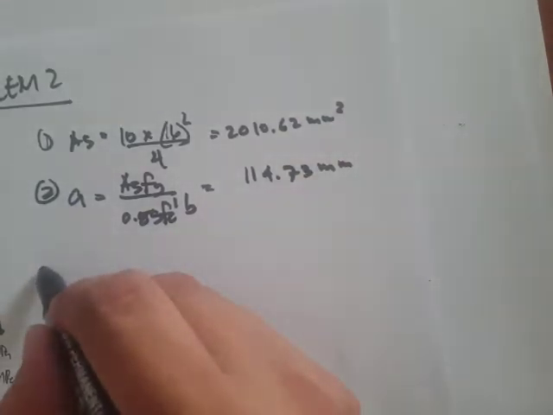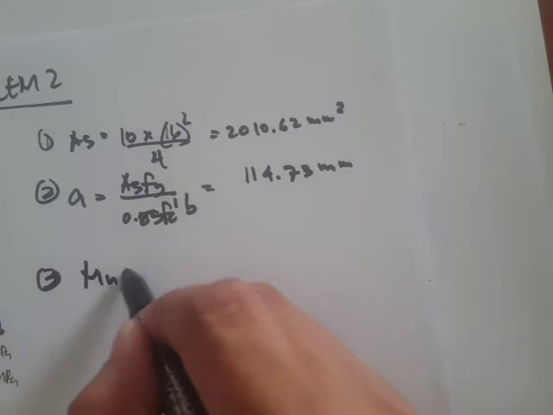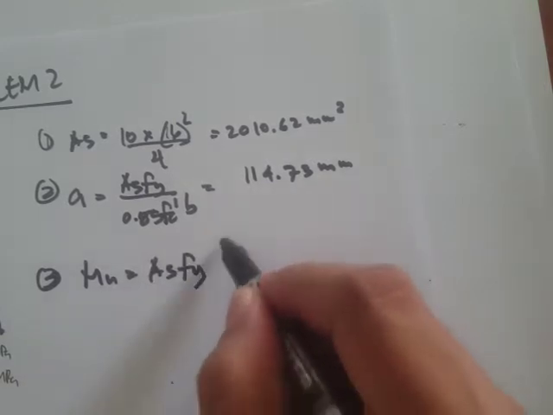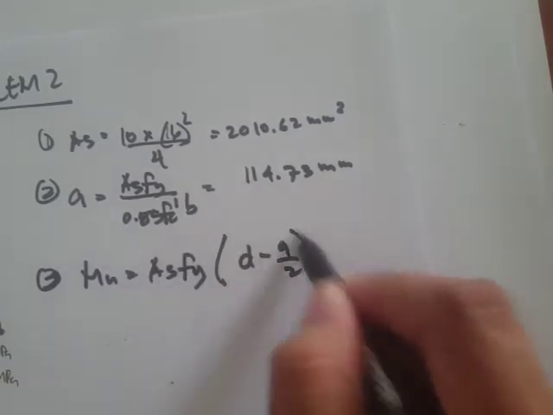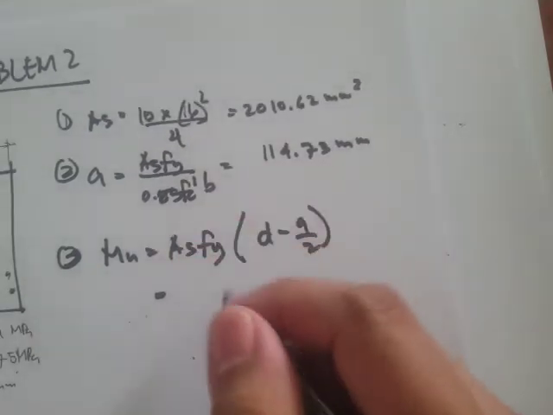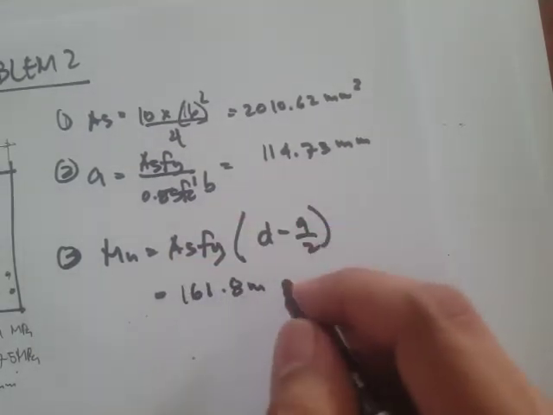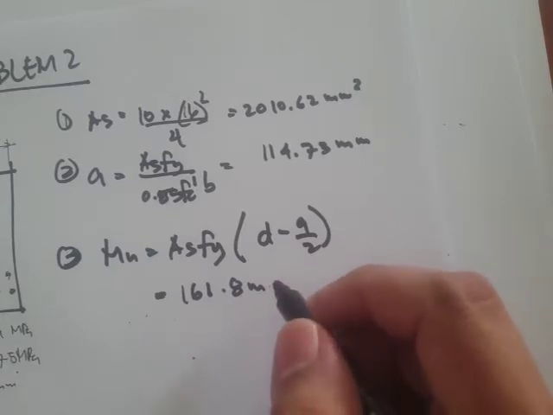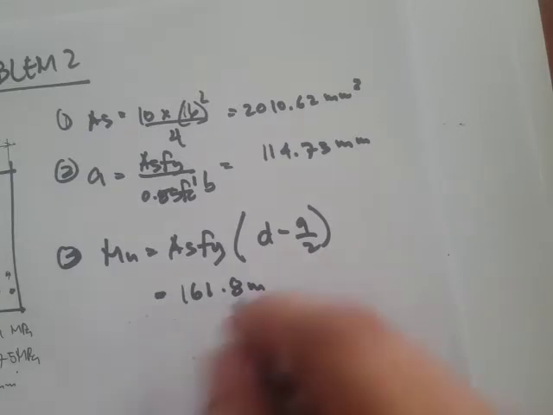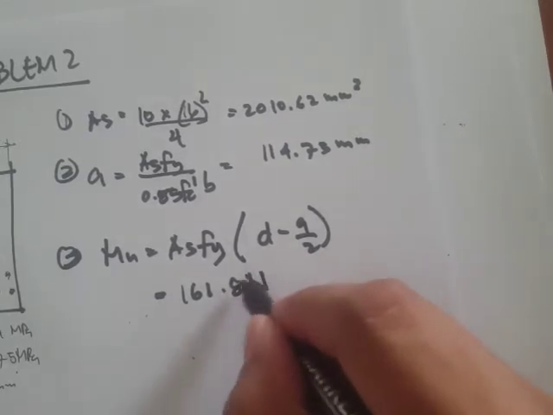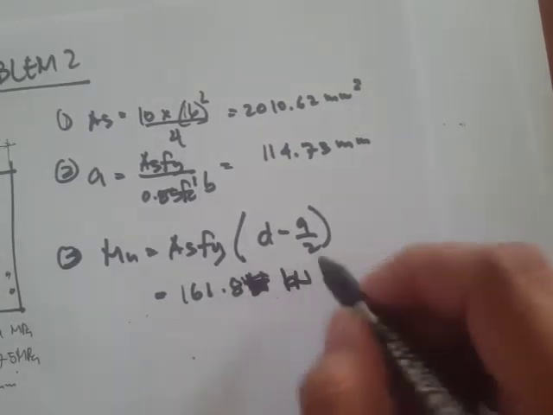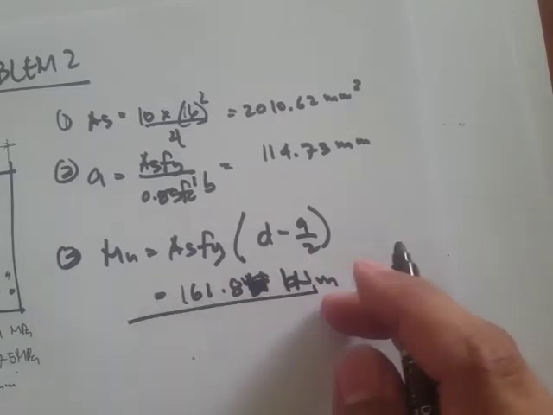Now if we solve for our nominal moment capacity, d minus a over 2, what you get is 161.8, in kilonewton meters.